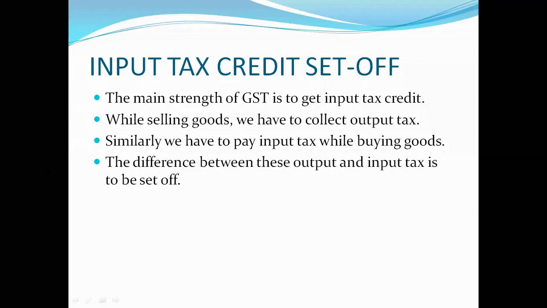So that is called input tax. The difference between output and input tax is to be set off. The balance has to be paid to the government. The difference between the input tax and output tax, whatever the balance is, you have to pay to the government. If it is a negative balance, that value can be carried forward to the next month.